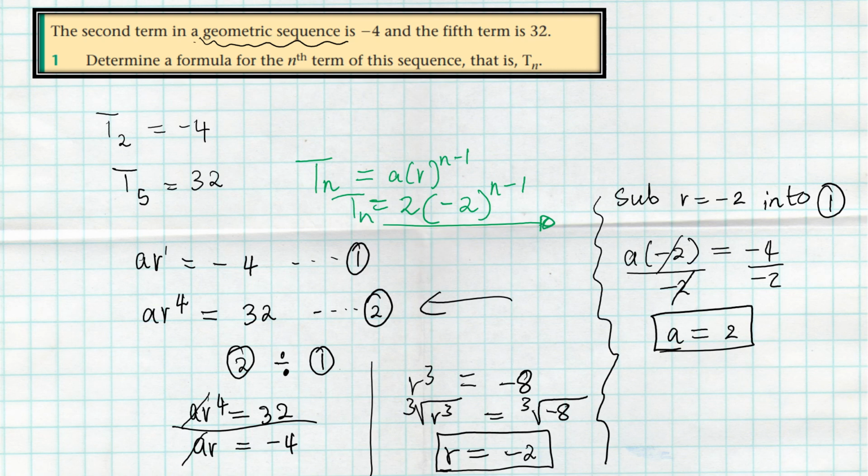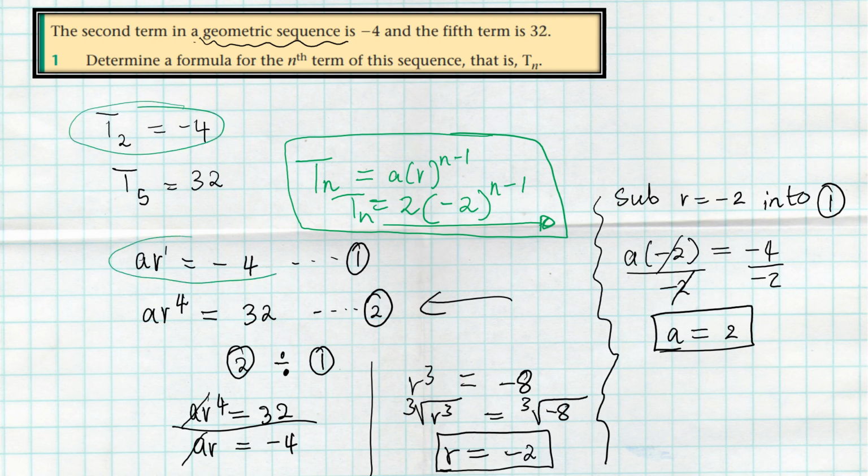So the very important information to take from this example is that if you are given a geometric sequence with the terms as numbers, and they want something else that requires you to solve, maybe simultaneous equations, in a geometric one, just know how to express the terms in terms of A and R. After that, you can use simultaneous equations and still get the same answer, but it takes a bit of time to solve.